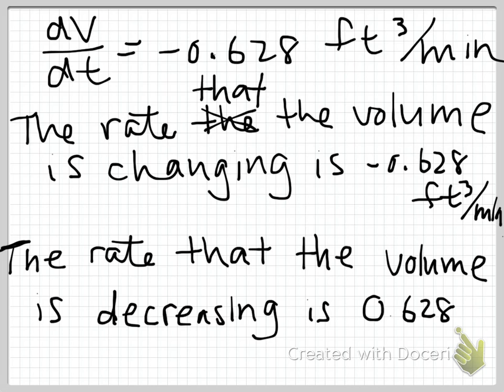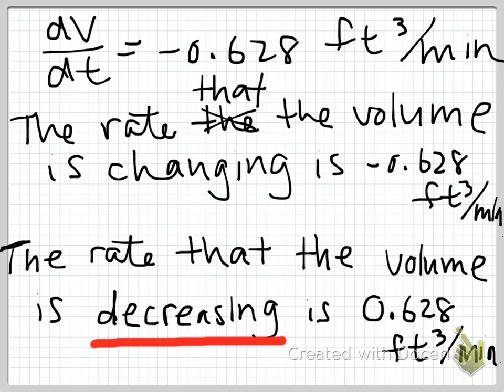And pay close attention because it's going to be important tomorrow. I lose, or not lose, but I don't write the negative here. So if I write decreasing, then that already tells people that my rate is negative. So if you include the word decreasing, then you don't have a negative, right?